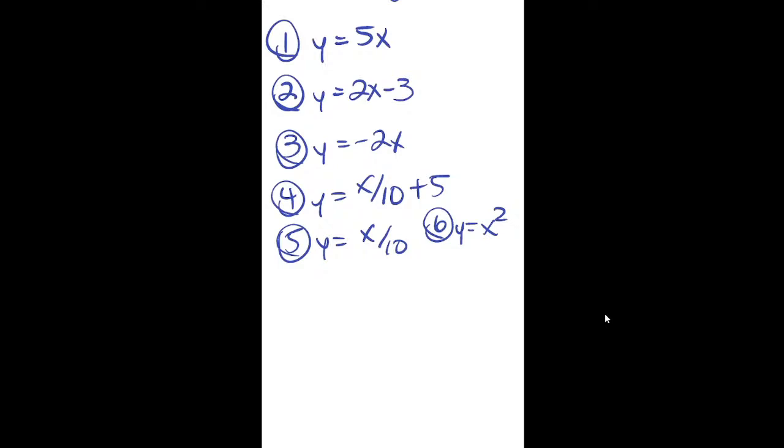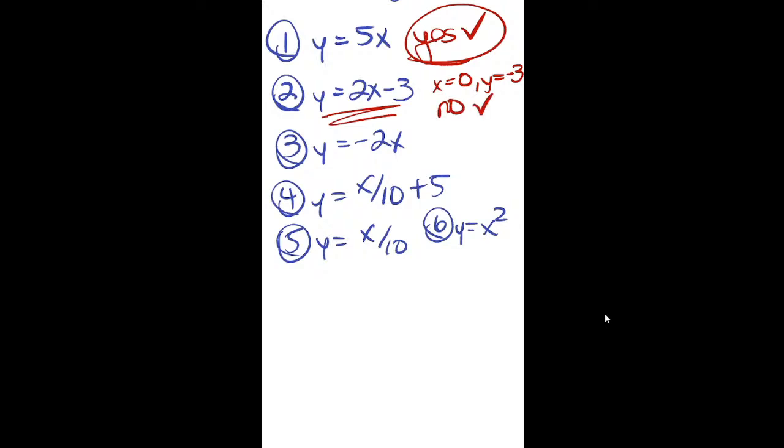So on this one, when x is 0, y is 0, and it's changing by the same amount, 5. So this is a yes, okay? On this one, when x is 0, y is negative 3. So that's going to be a no. X and y should both be 0 at the same time.